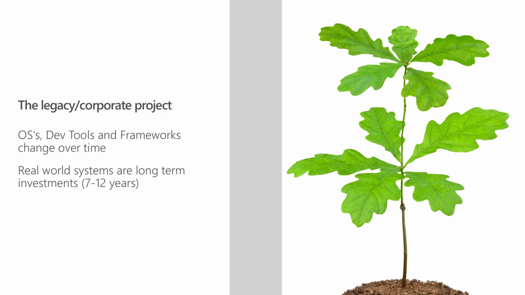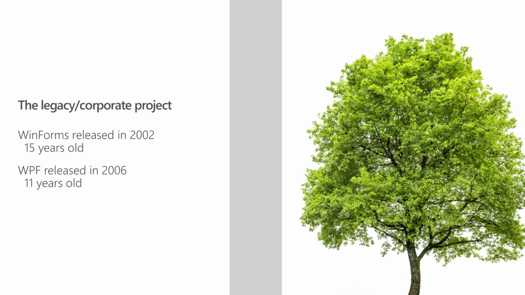My experience is consulting on companies that have these big systems, and a lot of these real-world systems have time investments of 7 to 12 years. Now that's an interesting time frame, because if you look at WPF and WinForms, WinForms has been around for approximately 15 years. WPF has been around for 11 years. So if you started building an app 10 years ago, the cycle of changes in all of our tools has certainly changed over those years.